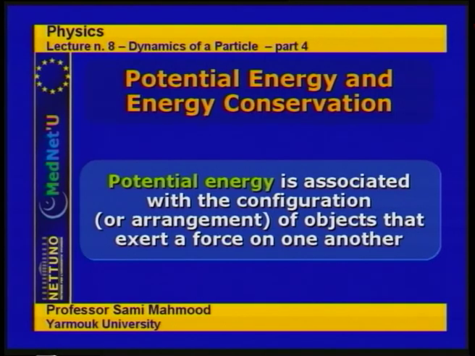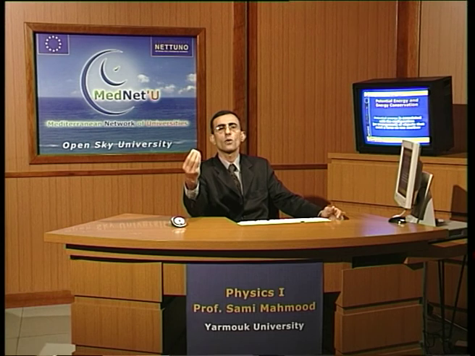We said that the kinetic energy is an energy associated with the velocity of the particle, with the speed of the object that is moving. And it is connected with the object itself. How fast it goes defines how much kinetic energy it has.